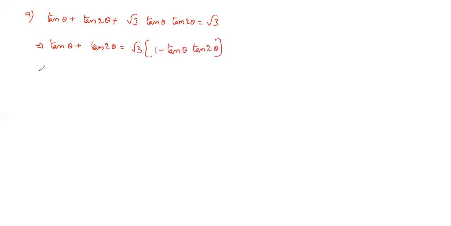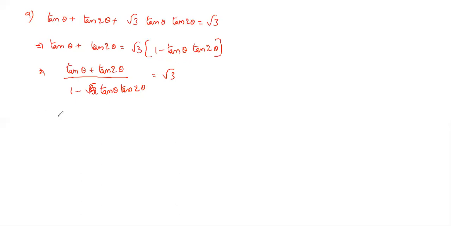If you divide with this term, what is it? Tan theta plus tan 2 theta by root 3 times (1 minus tan theta tan 2 theta), so it equals root 3.